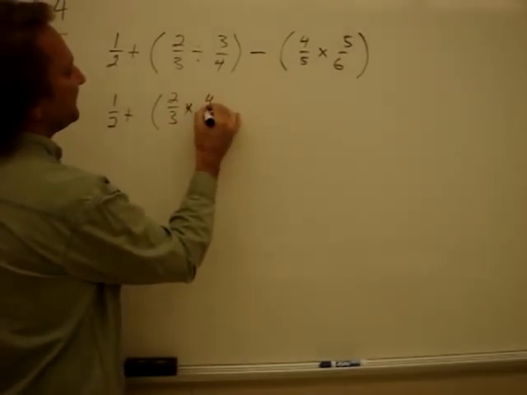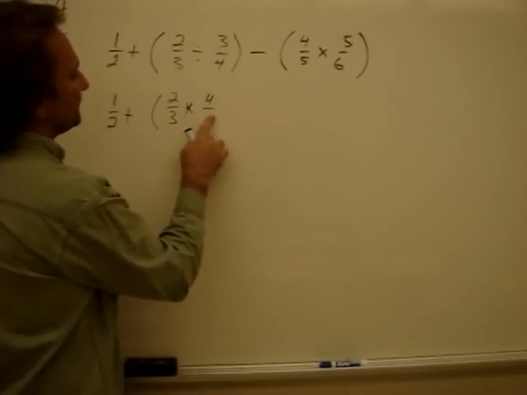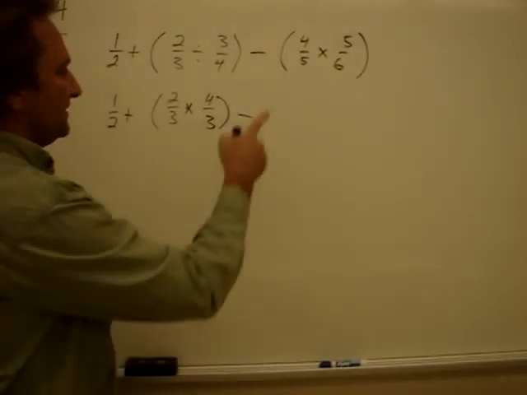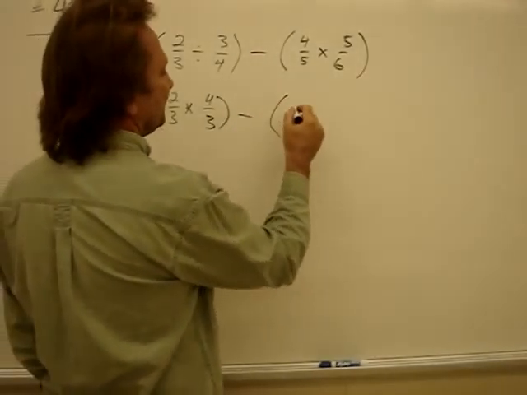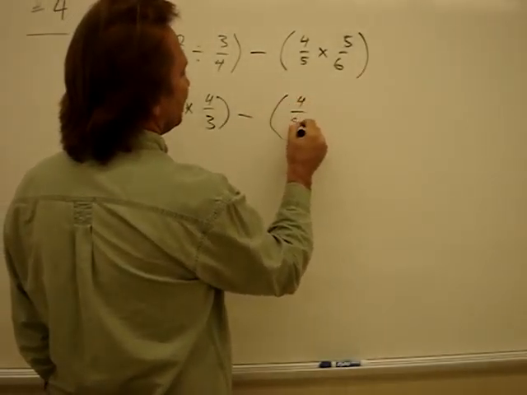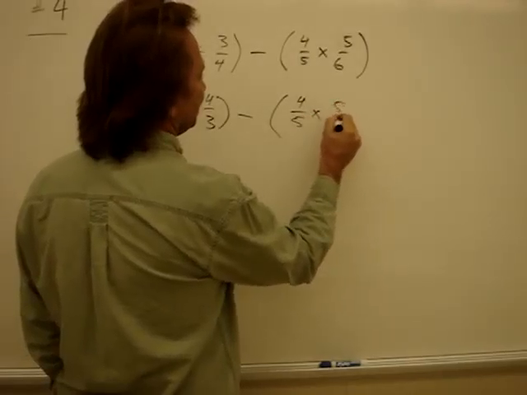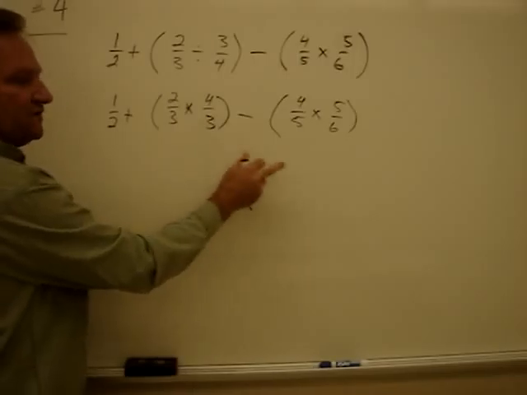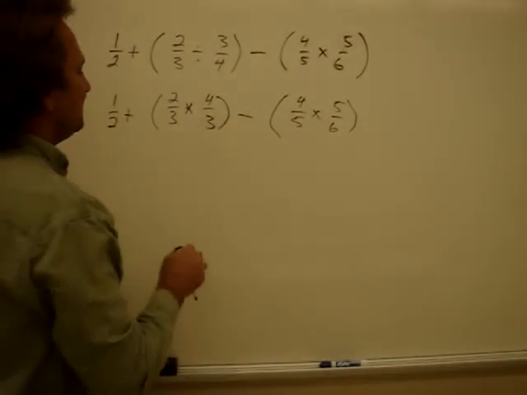So I'll flip that upside down, 4/3, excuse me. And then minus, and I'll just bring this down because we don't need to take the reciprocal, 4/5 times 5/6.